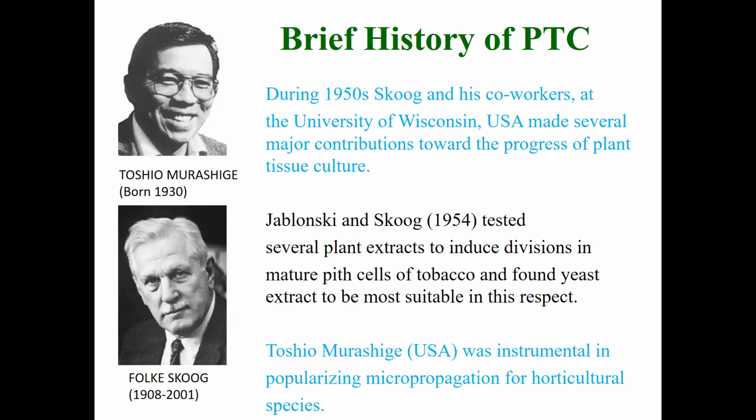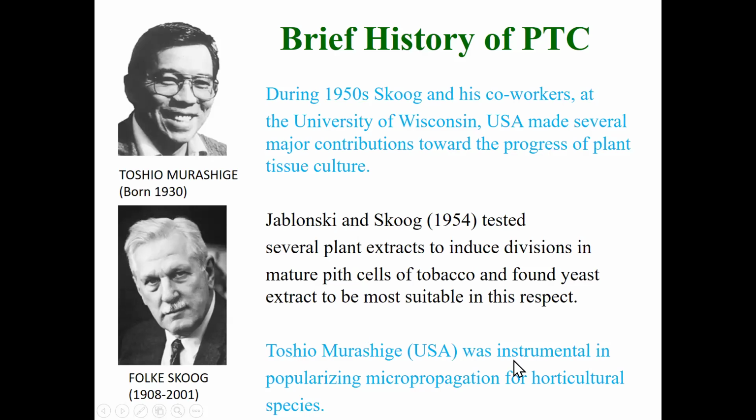They developed it during the 1950s. Skoog and his co-workers at the University of Wisconsin, USA, made several major contributions towards the progress of plant tissue culture. Miller and Skoog, another pair, tested several plant extracts to induce divisions in mature pith cells of tobacco and found yeast extract to be most suitable in this respect.